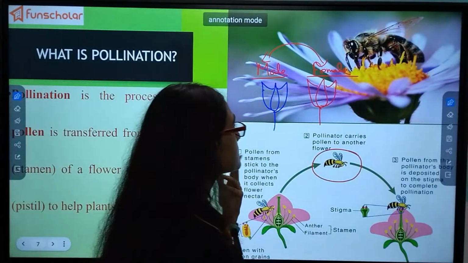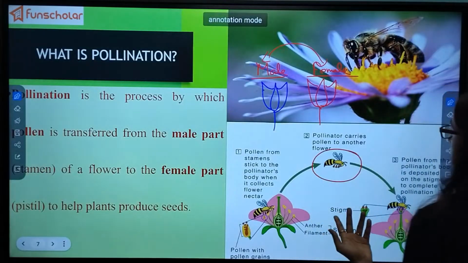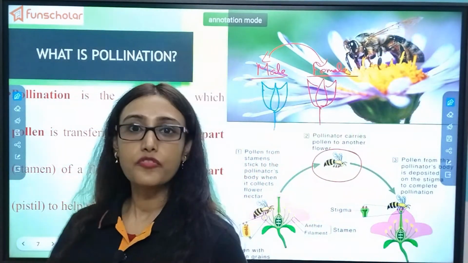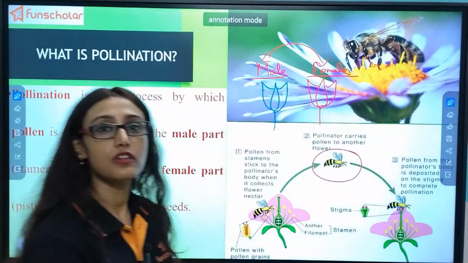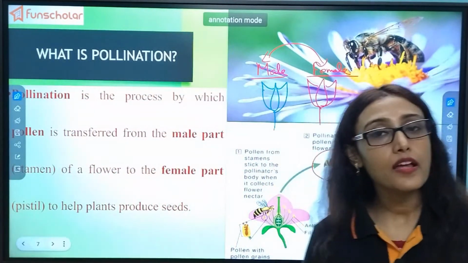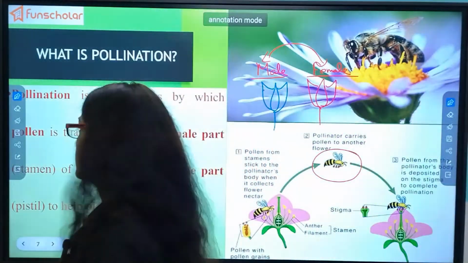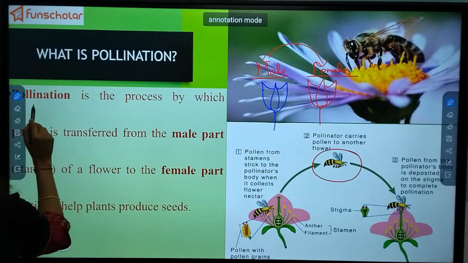So, what is pollination? Pollination is a process by which pollen grains from a male flower are transmitted to the ovary of a female flower. So let's read.